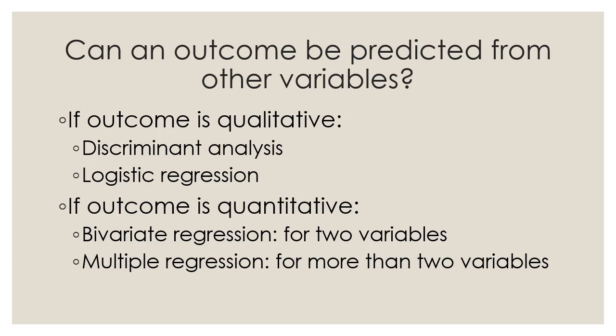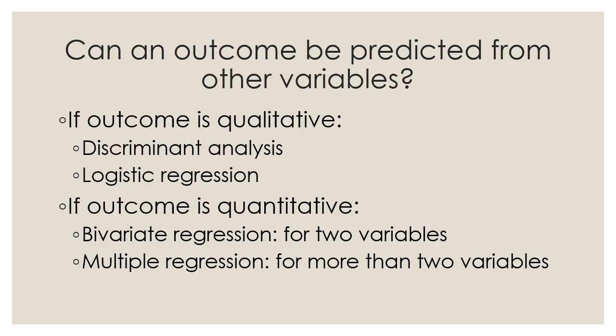Okay, so I forgot to actually add the word linear here, because these are all linear regression to distinguish them from logistic regression that is used for categorical data. Okay, so for quantitative data or continuous data, we use linear regression, and it can be bivariate linear regression or multiple or multivariate linear regression.